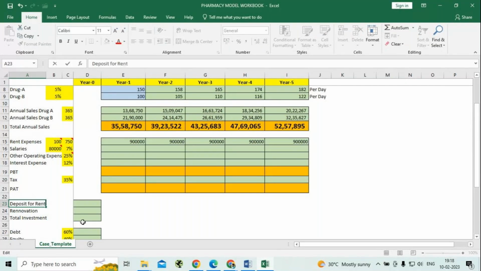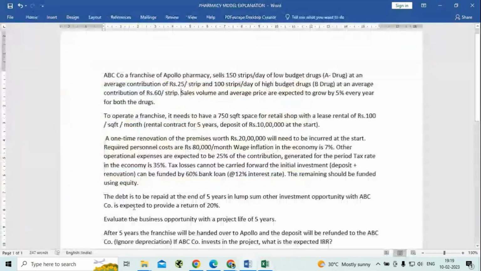Deposit for rent is 10 lakhs. Then renovation cost is 20 lakhs. So the total investment at the initial stage is the sum of these two. That is nothing but the capital you have brought to the business, 30 lakhs.